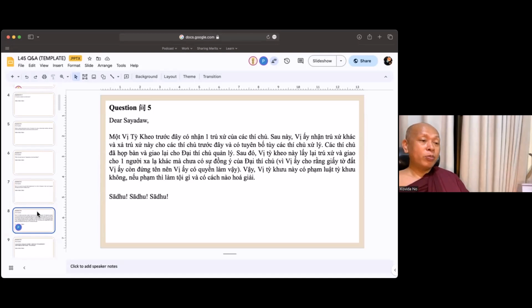This is for the interpretation, Bante. Yes. This question is about one bhikkhu who accepts a monastery and land offered by a group of devotees. After that, he accepts another place offered by another group of donors, and he relinquishes the place previously offered by the previous donor.